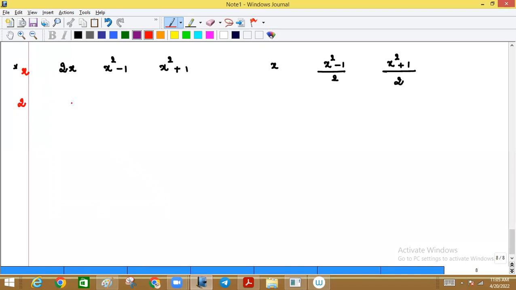What happens? 4, 3, 5. Then 6, 8, 10, and 8, 15, 17.